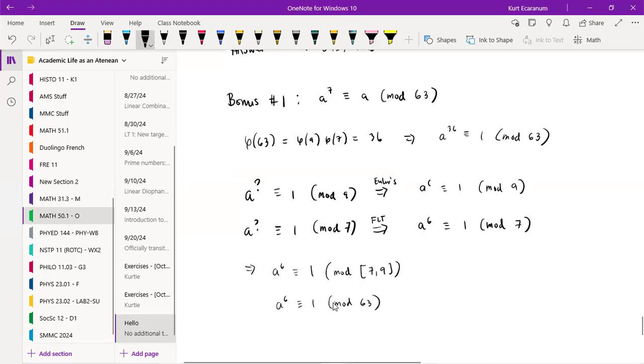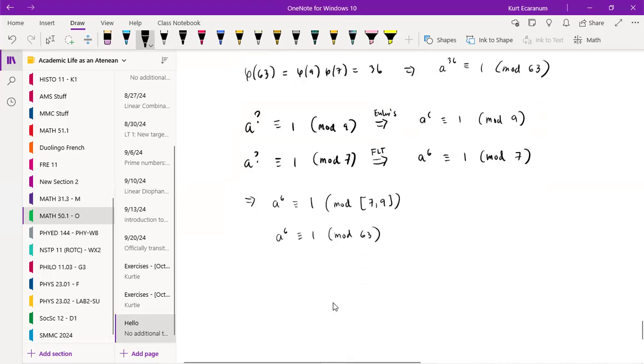And so, multiplying by an a that's not divisible by 3 nor by 7, we get a to the 7 congruent to a mod 63. And done. Yay!